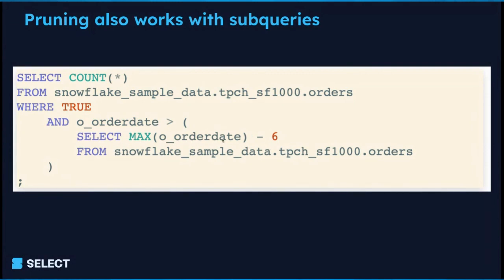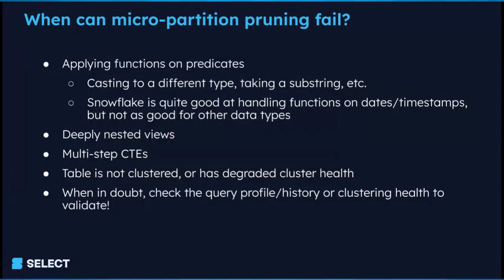So I'm selecting a max and subtracting 6, and then I want to compare order date to that. Pruning will also work for this today. And there's a bunch of other examples where Snowflake would just know exactly what you're trying to do and still apply pruning. So you'll find a bunch of cases where it just works behind the scenes most of the time.